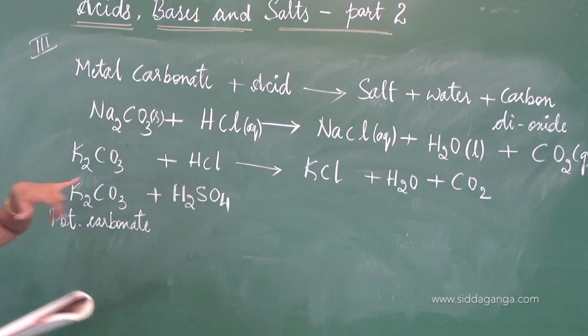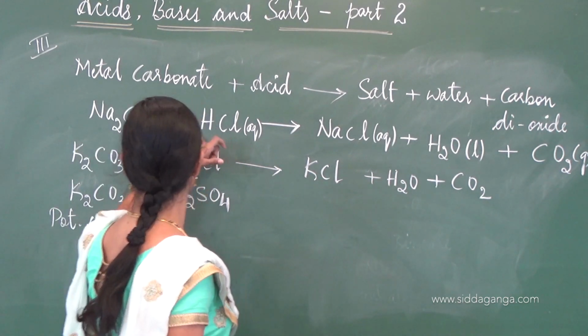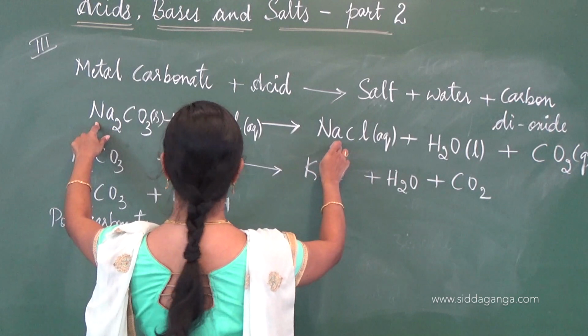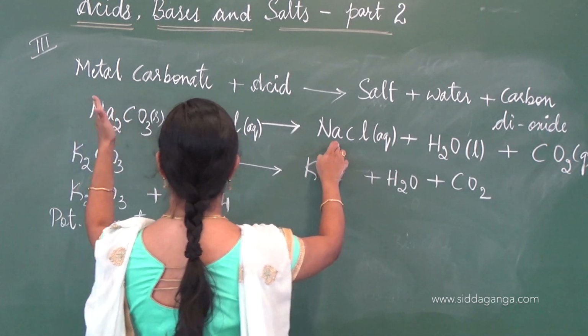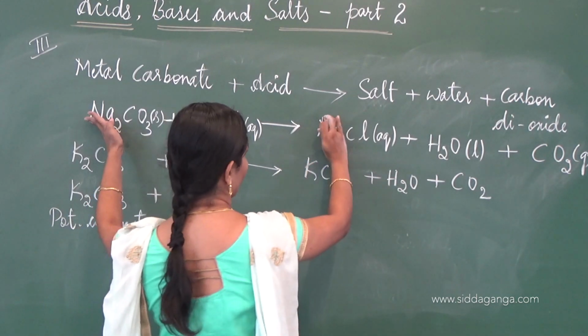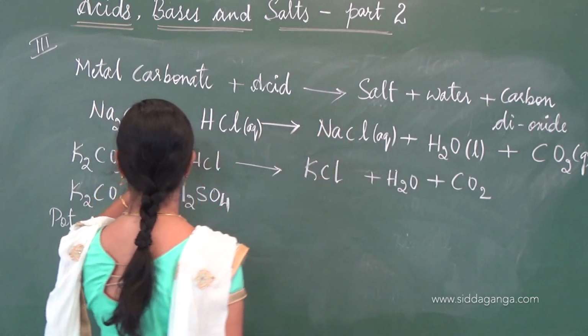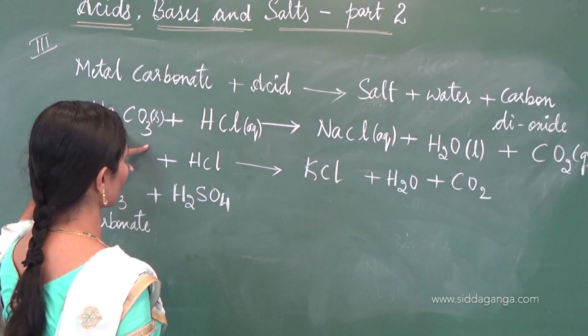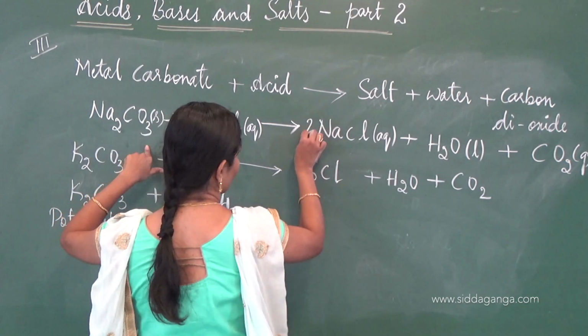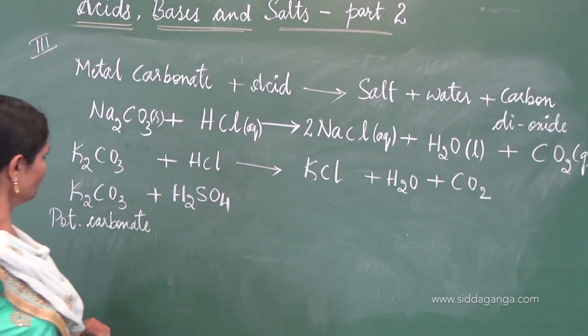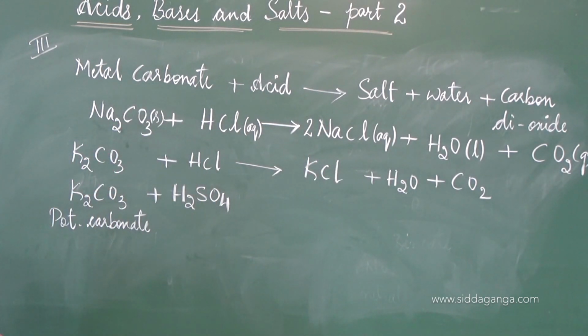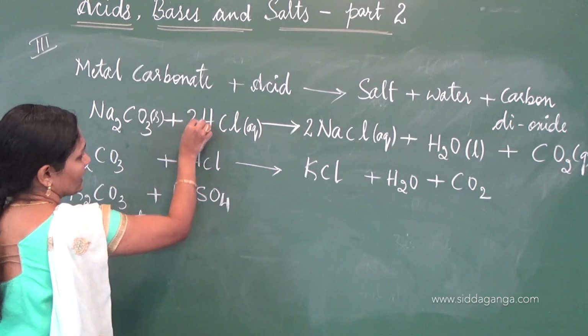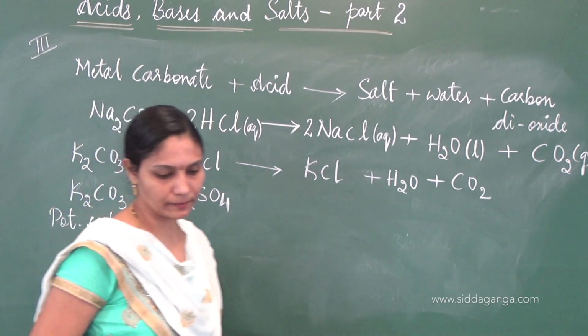Na2CO3 plus HCl, is the equation balanced? Na is 2 on this side and 1 on the right hand side. Carbon and oxygen we need to balance. So putting 2 here, will it balance the equation? Check out now whether the equation is balanced.